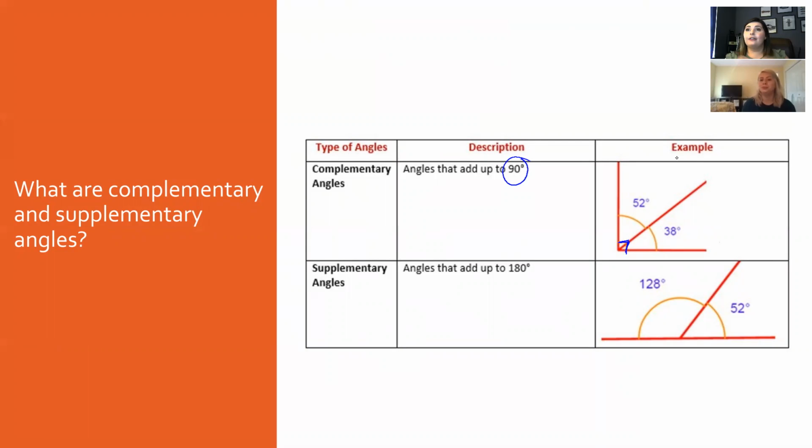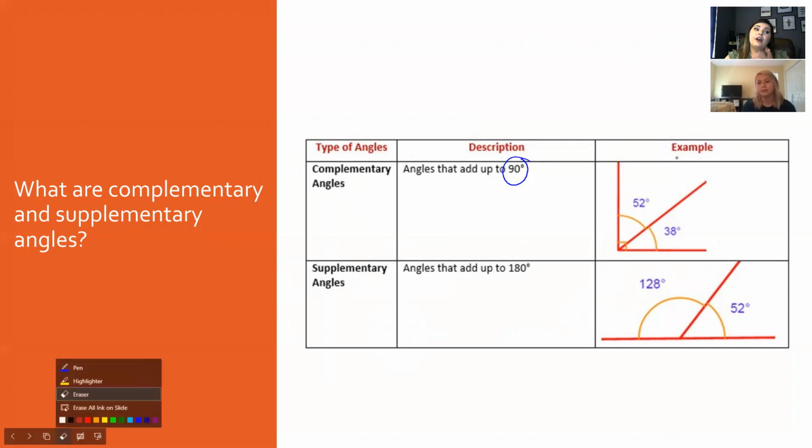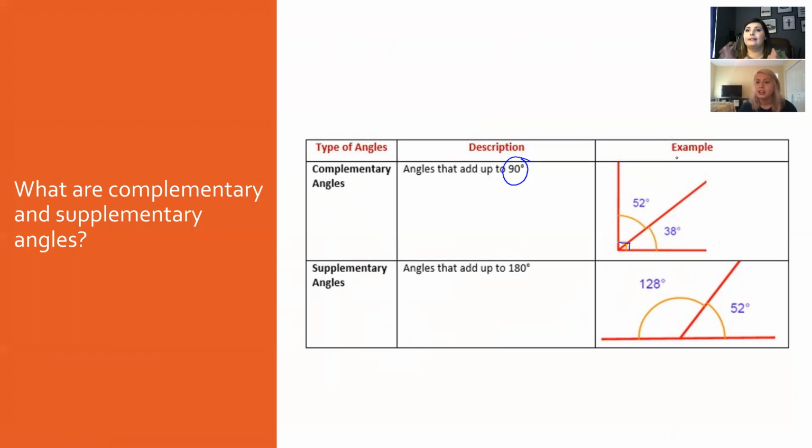One of the many secret codes is that little square right there that I just kind of butchered redrawing. This little square is a code for 90 degrees. So we don't even have to use our protractor. We just know by looking at it that this angle equals 90 degrees.